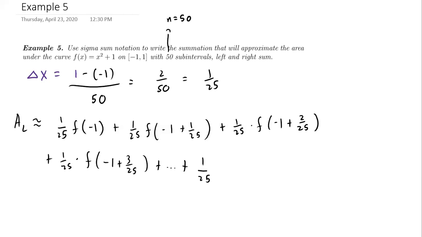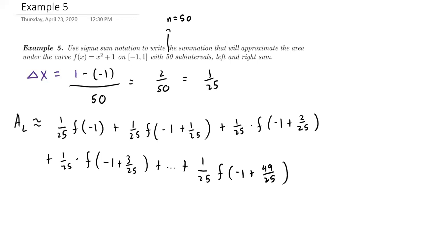So how many times are we adding 1 over 25 to -1? Well, we're adding it 49 times, right? Because we start at -1, then we add 49 times 1 over 25. That adds up to 50 subintervals. So this one's going to be -1 plus 49 over 25, which is the same as adding 1 over 25 49 times. Okay.